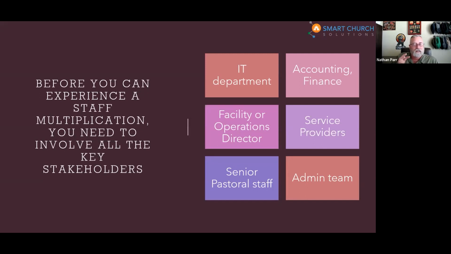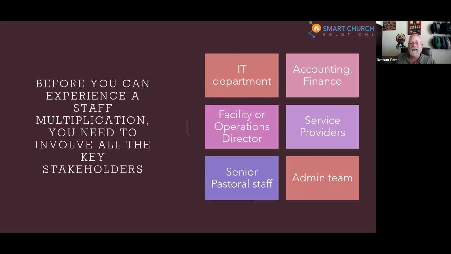And you have to understand who your key stakeholders are, because not involving everyone who needs to be part of the process is one of the first stumbling blocks that we have when we talk about poor communication and the cost.